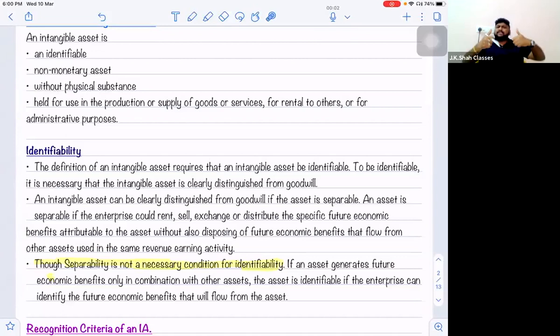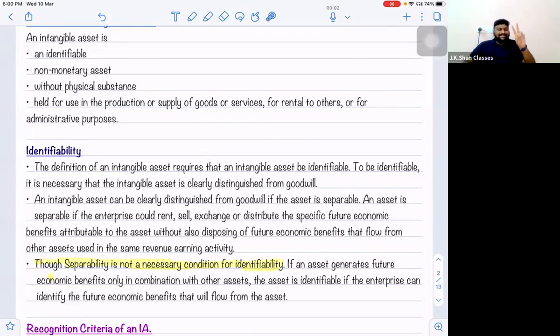So the simple thumb rule with the identifiability clause is that if an intangible asset is separable from other assets, we call it identifiable separately. Identifiable separately means you can either rent it separately, sell it separately, or exchange it separately, and you can also calculate the future economic benefit of it separately as compared to the other assets.